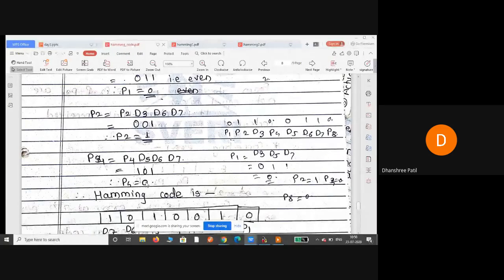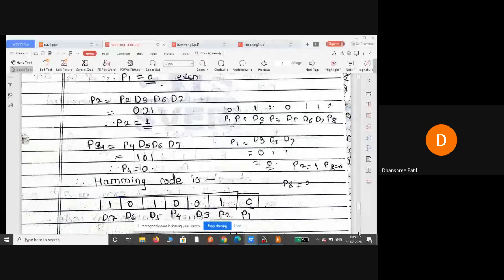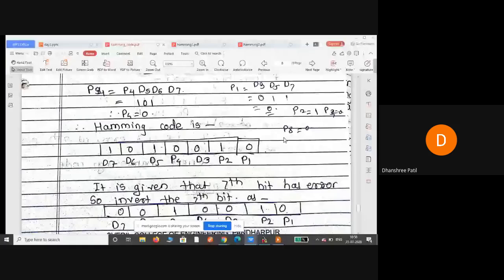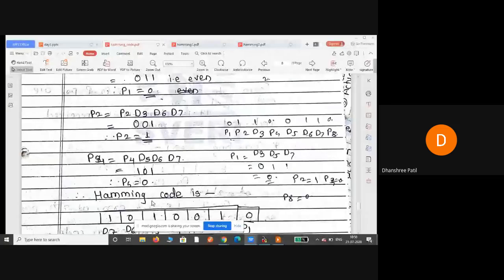Now we have the data, we have the parity bits, just put the values. So after putting the values of P1, P2 and P4, I'll get this whole Hamming code structure. P1 is 0, whatever we have calculated here. The value of P1 here is 0. P2 is 1. Okay, and P4 is 0. And the remaining data bits we already have. Clear?